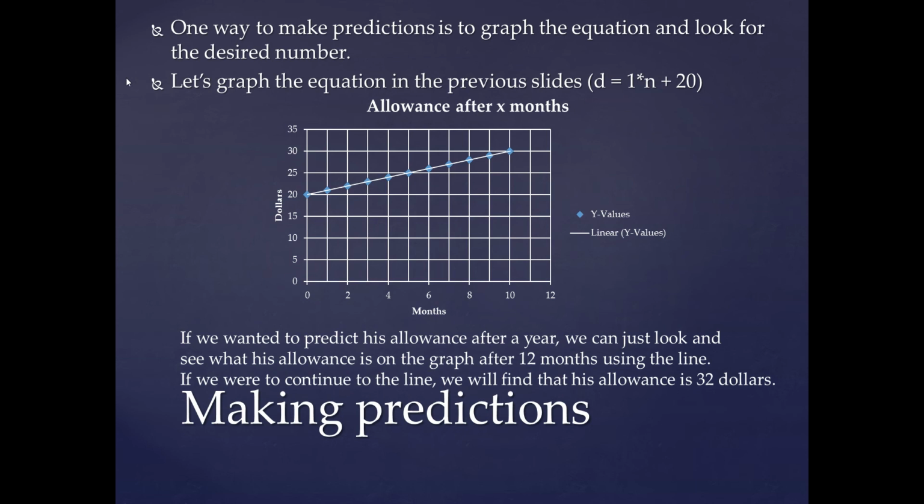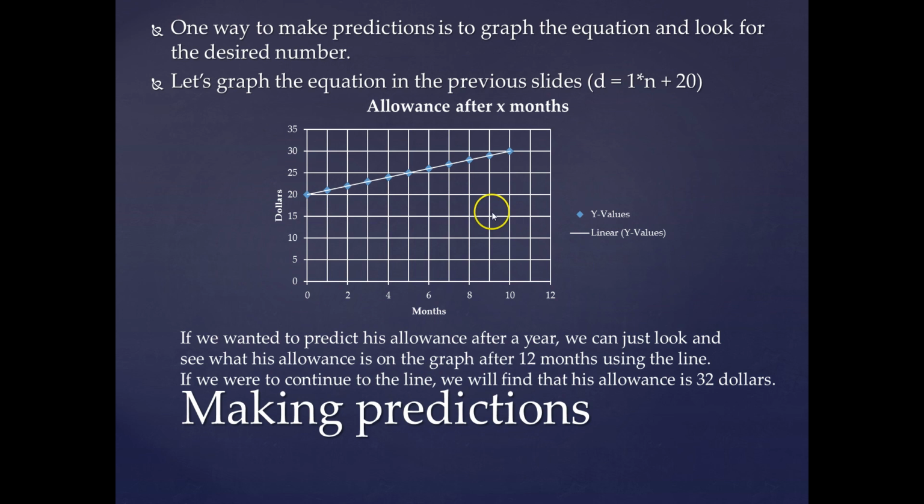Making predictions. One way to make predictions is to graph the equation and look for the desired number. So let's graph the equation in the previous slides. D is equal to 1 times n plus 20. And so I put a line that's equal to this equation, and I put a lot of sample points on it. So if we want to predict his allowance after a year, we can just look and see on the graph what his allowance is after 12 months.